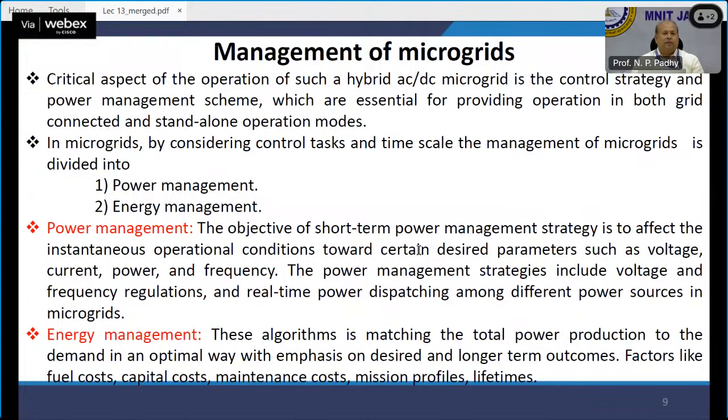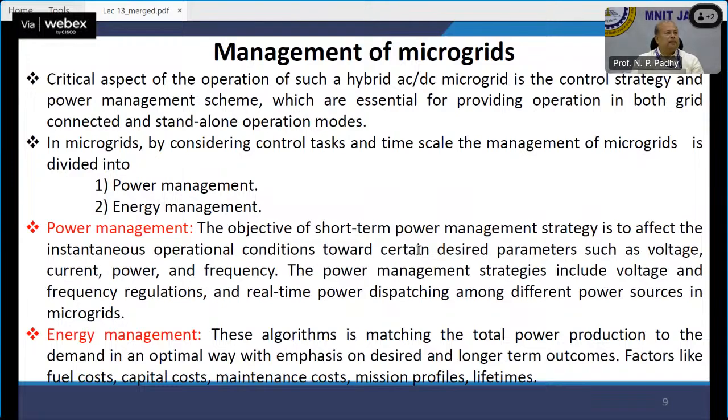The critical aspect of operation of such a hybrid AC-DC microgrid is the control strategy and power management scheme, which are essential for providing operation in both grid-connected and standalone operation modes. In microgrids, by considering control tasks and time scale, the management of the microgrid is divided into power management and energy management.